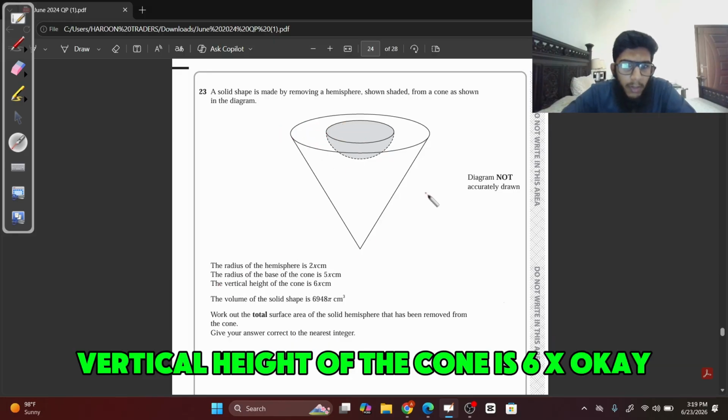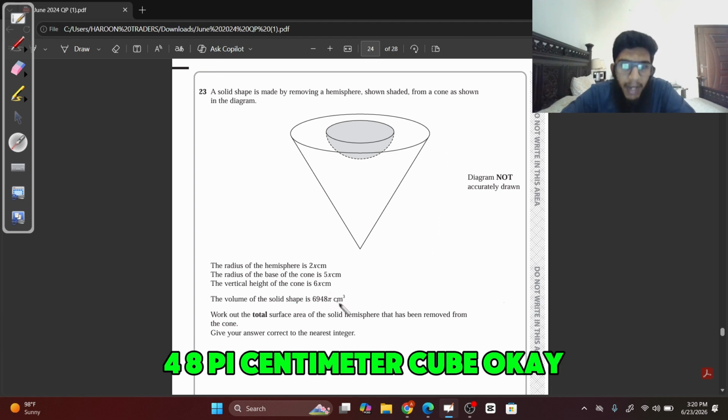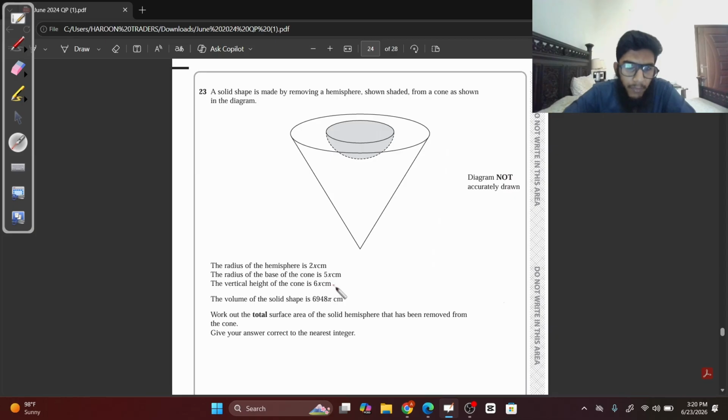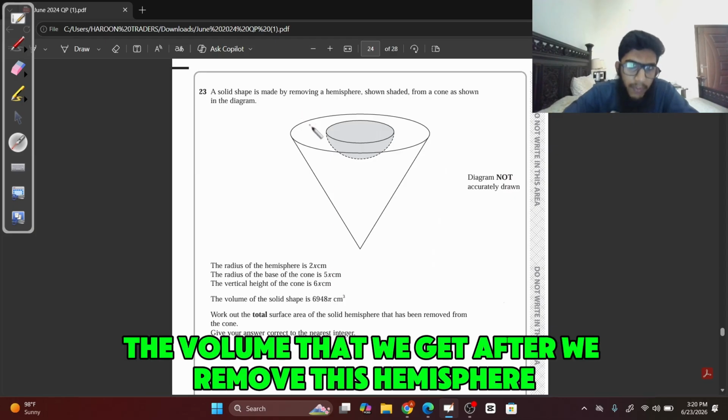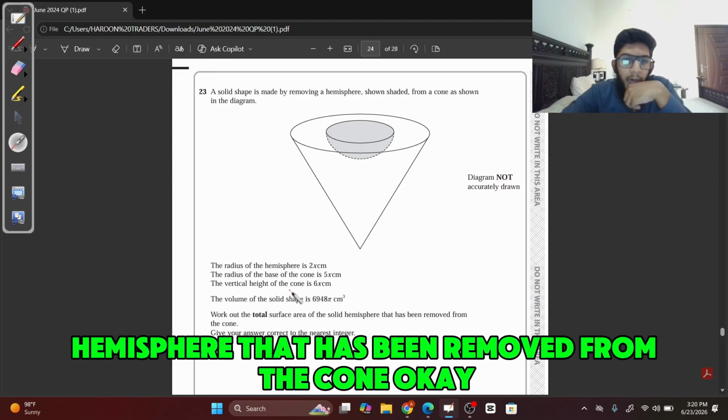The vertical height of the cone is 6x. The volume of the solid shape is 6948 pi centimeter cube, the volume that we get after we remove this hemisphere. And work out the total surface area of the solid hemisphere that has been removed from the cone.